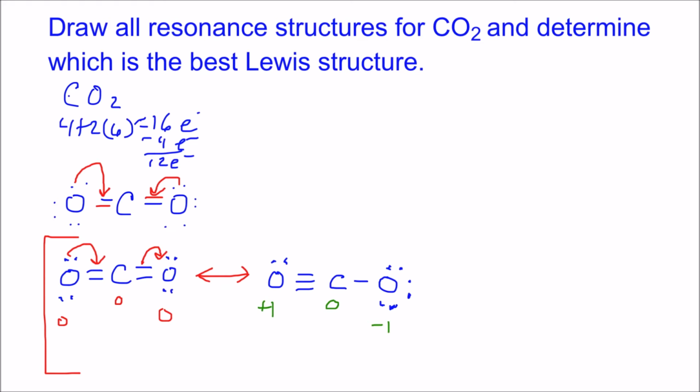Okay? Are there any more resonance structures, do you think? What if up here, what if I had not shifted those electrons just now? What if I had chosen to shift them from the other oxygen? So what if I had taken a second pair of electrons on here and shifted them over?